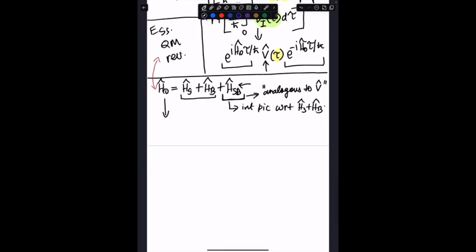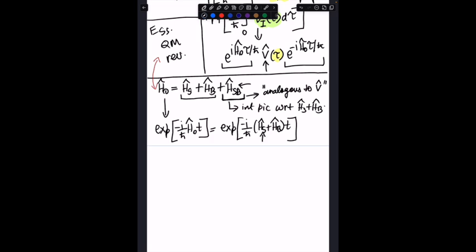And so how do you write your time propagator in this case? Your time propagator of your matter system, which is given by exponential minus i upon h bar H0 t, is again given by two components, exponential minus i upon h bar Hs plus Hb t, which can be separated out because these are two operators in two different spaces.